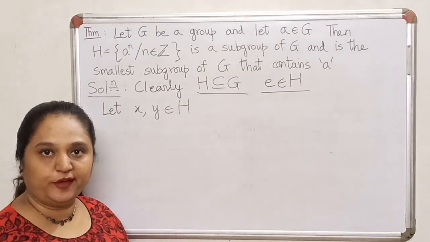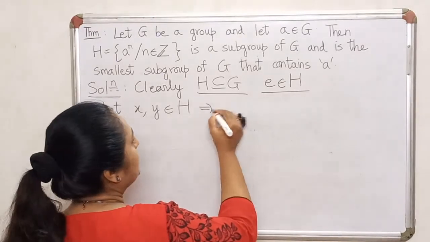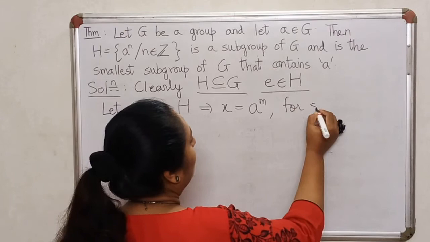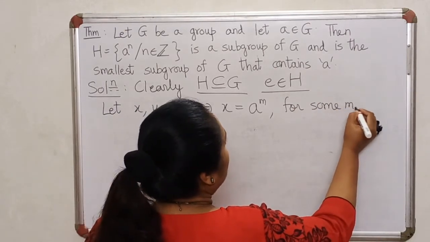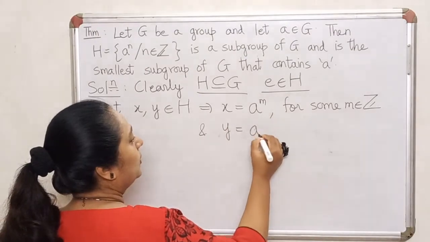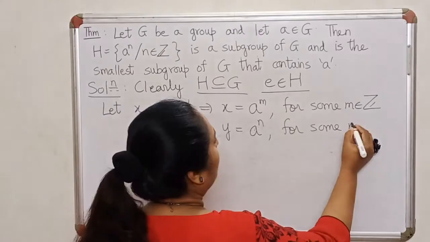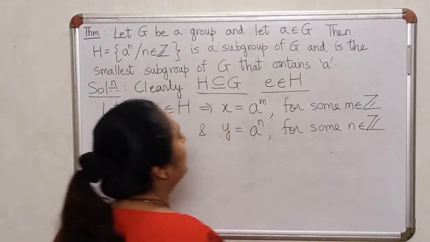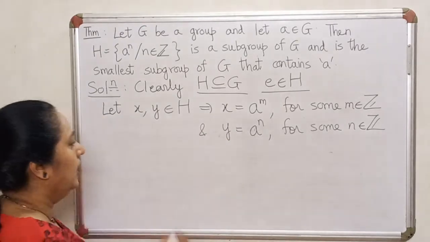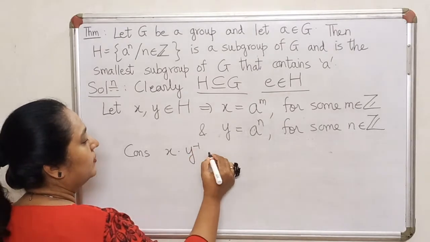Remember, an element of H looks like an integral power of A. So X is going to look like A raised to M for some integer M. Similarly, Y will look like some other integral power of A, maybe the same, maybe different. So X and Y are both integral powers of A. Now we look at X into Y inverse.